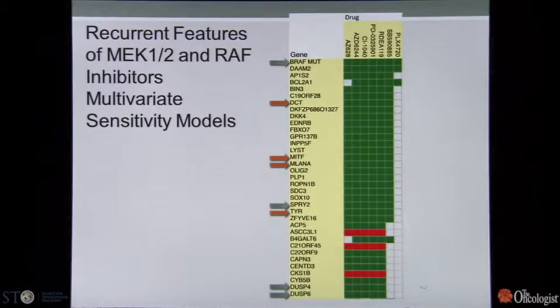So if we look now at multiple models of response to MEK1 and RAF inhibitors, what we can see is there is a large overlap in the top features, in the features that are represented with the biggest size effect, the stronger effect essentially on sensitivity. And what this depicts is the fact that, as you might expect, BRAF mutation is found in all the models, but a number of other features of these models are shared by these model responses to the inhibitors. And interestingly, several of these features are known MAP kinase pathway regulators.